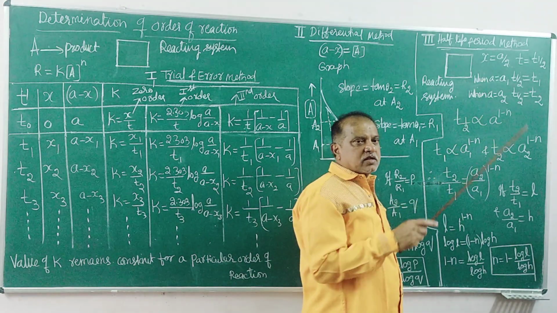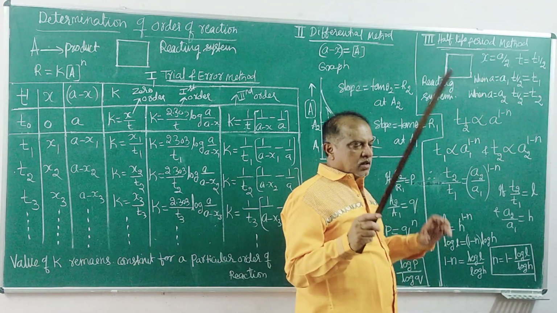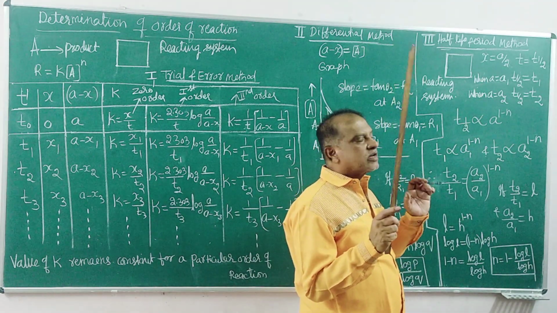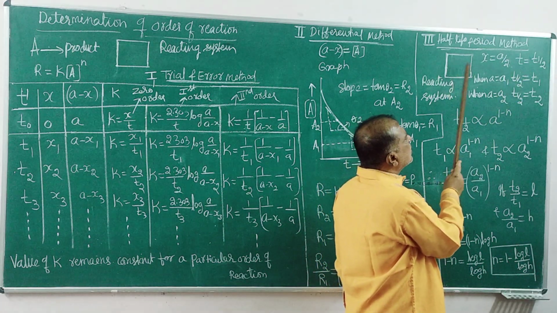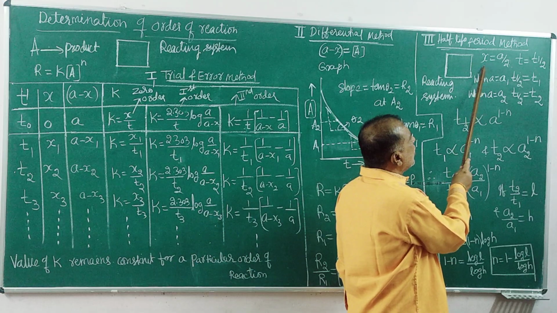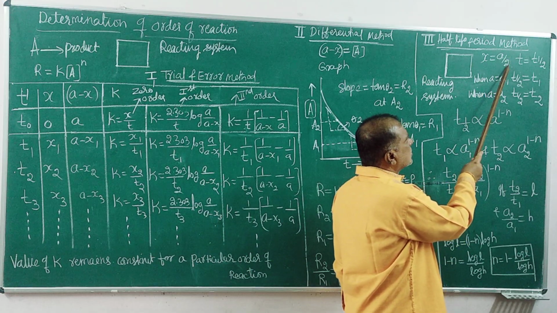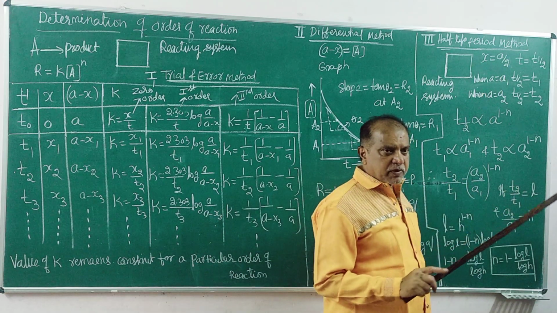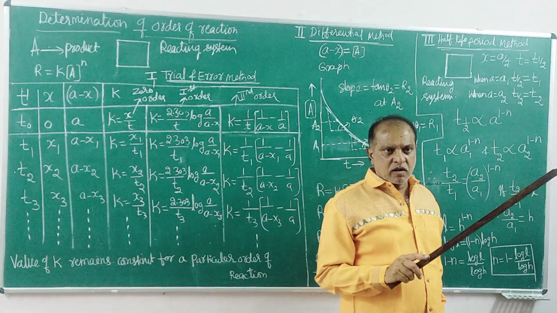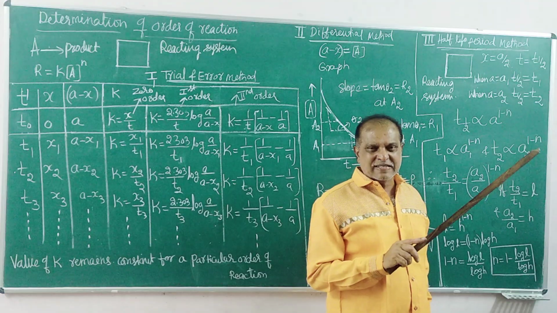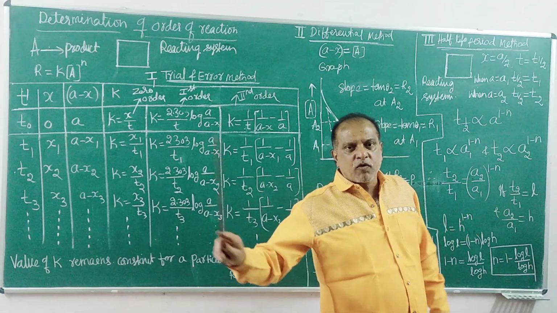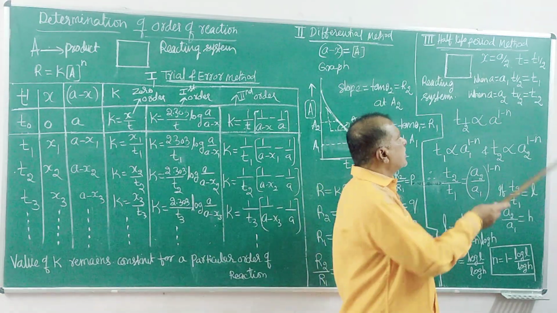We need the instrument for measuring the time required for the concentration of the reactant to change to exactly half of the initial concentration. When the concentration of the reactant becomes exactly half, the time required is measured directly, that is t half.